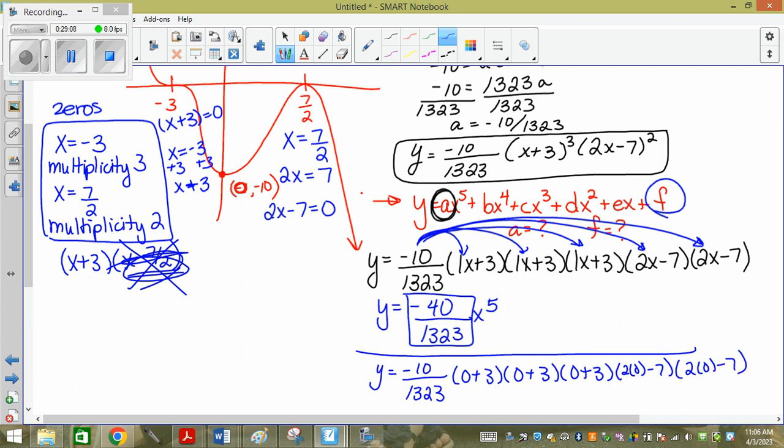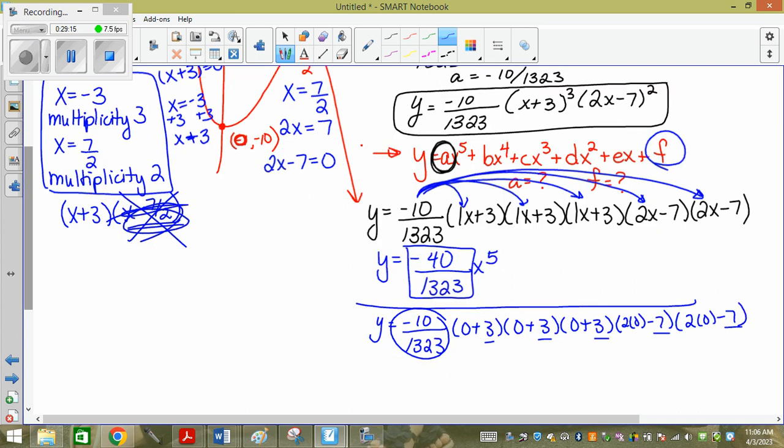So we're technically multiplying this fraction by 3, 3, 3, negative 7, negative 7 to get our e. Oh, that's a lie. To get our f. Make sure you put fractions in brackets or use the fraction button.